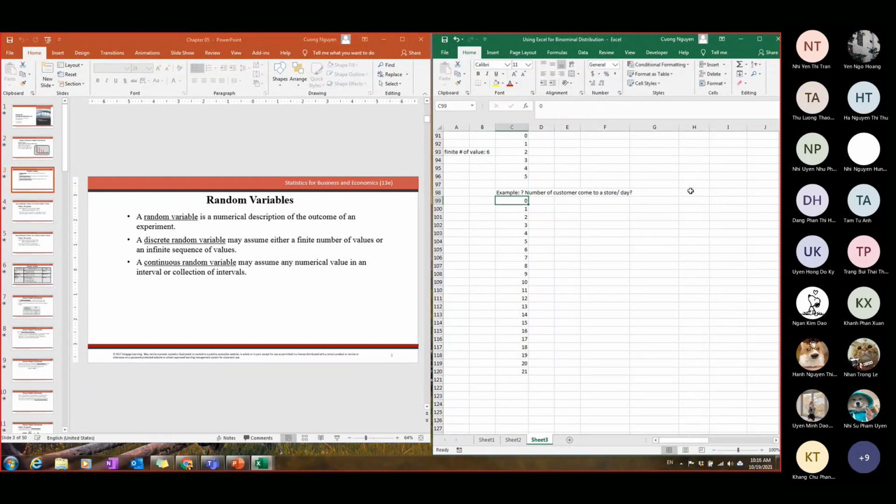Okay, so this is what people call the infinite sequence of values, and here we don't have an upper limit. They can continue for very long, whatever you want.